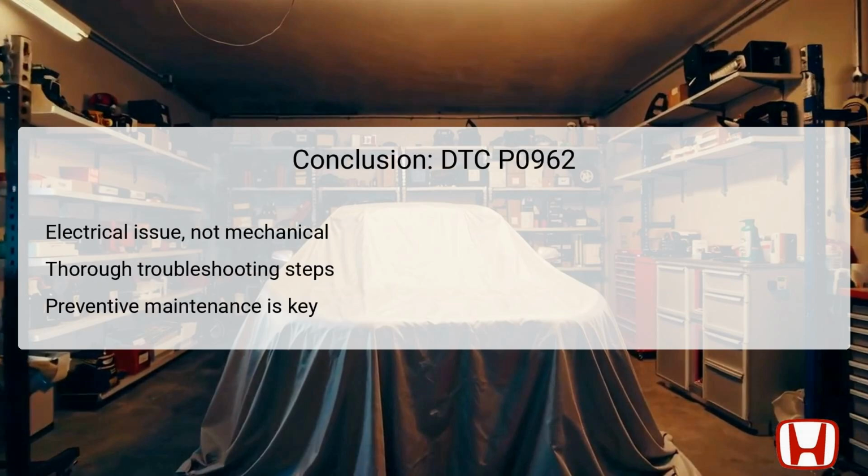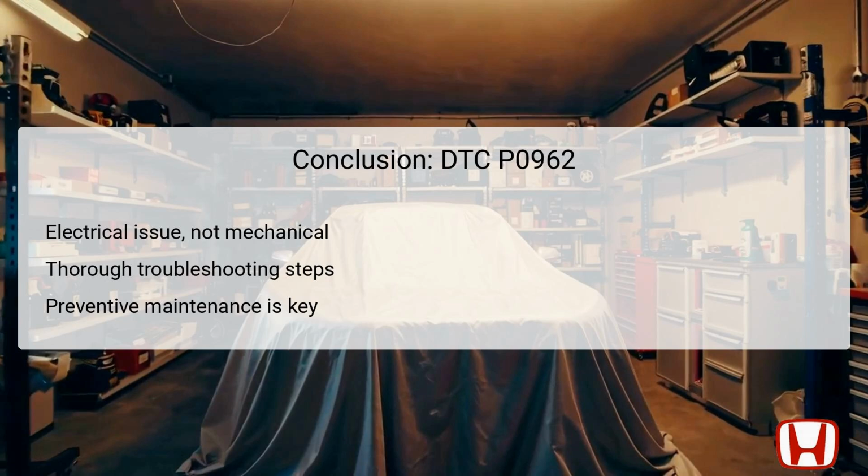In summary, DTC P0962 indicates an electrical issue related to the CVT drive pulley pressure control valve circuit, rather than a mechanical problem within the transmission. A systematic approach to troubleshooting is essential, starting from verifying the issue and checking the solenoid functionality, to conducting continuity tests on the wiring.